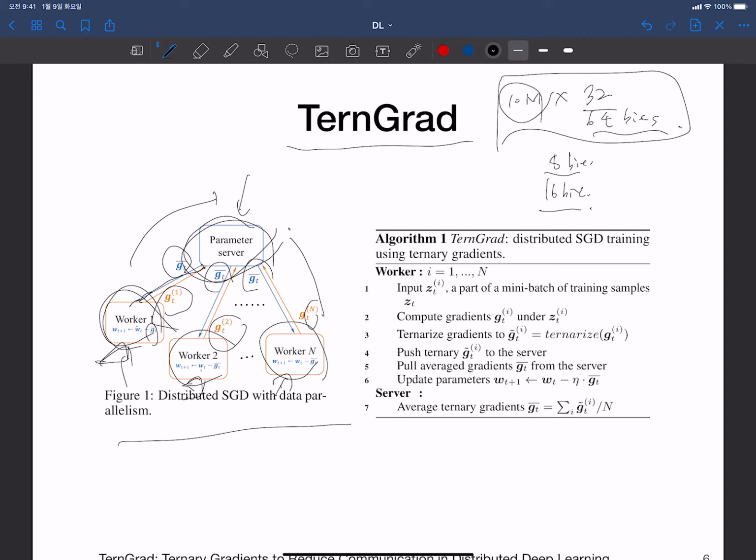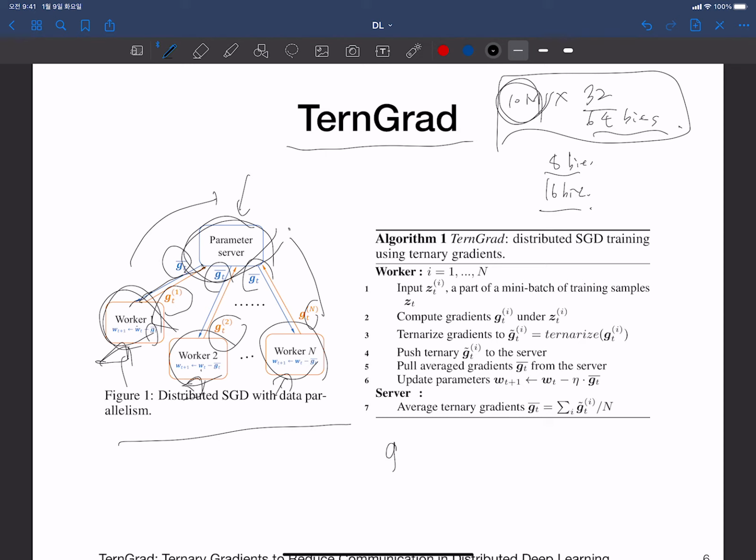Already we have 10 million different pieces of information, and because of this huge information, we still have a nice direction to decrease the loss function. Okay, and we just need to keep the stochastic gradient concept: its expectation should still equal the original gradient.